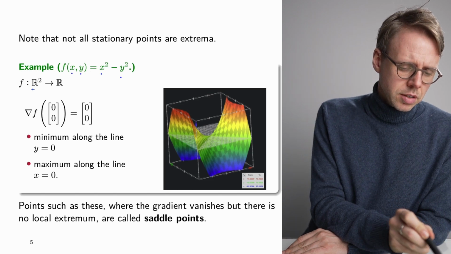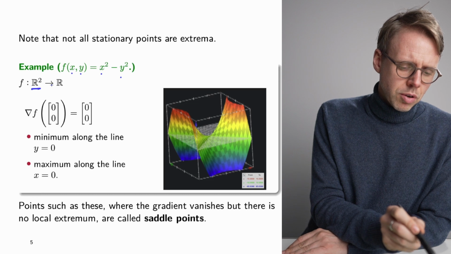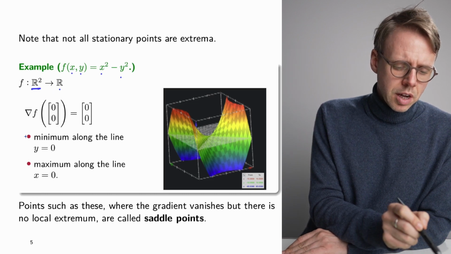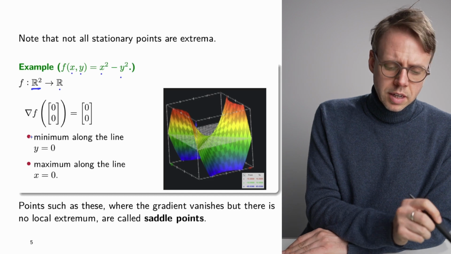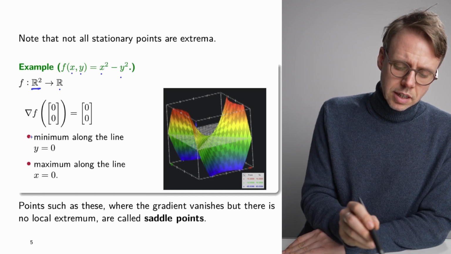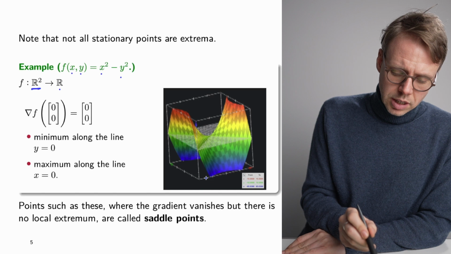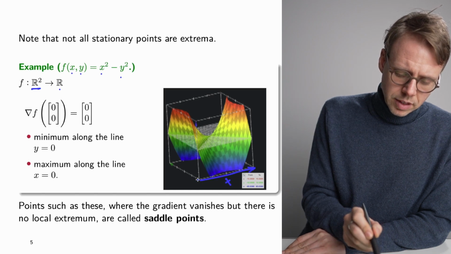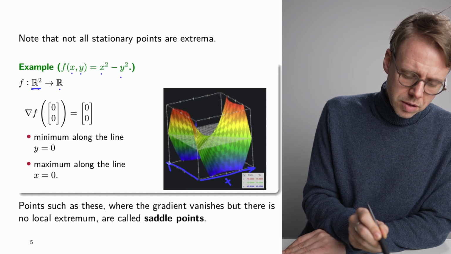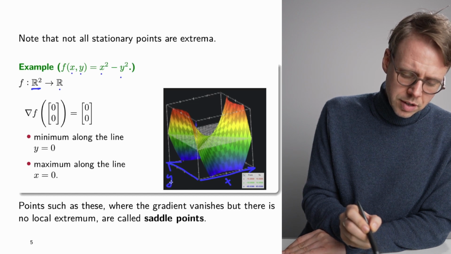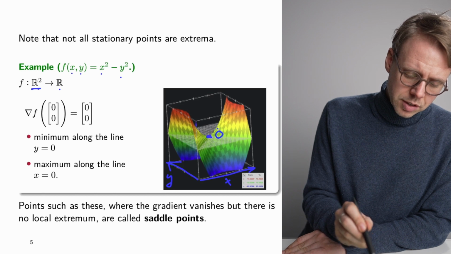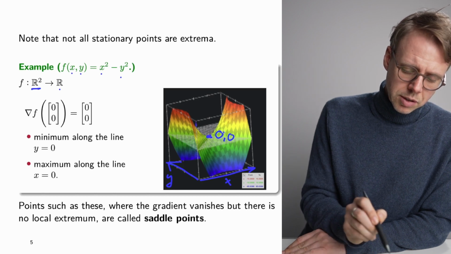So it's a function that takes an input from R squared and outputs a scalar value in R. Now let's look at the graph of this function. Here we see our x dimension. Here we see our y dimension.